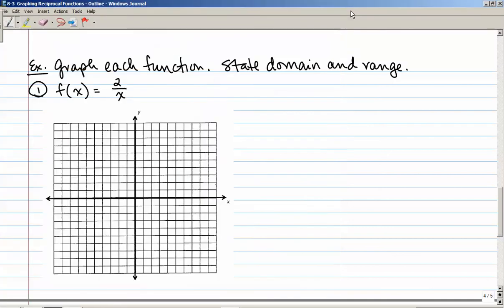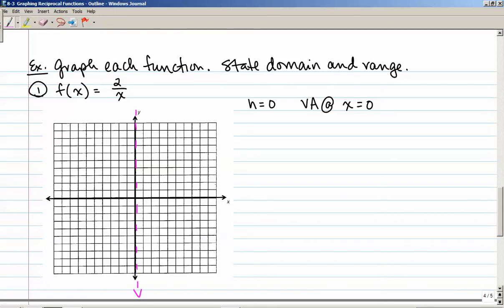And then actually looking at what I have written here, I have nothing added or subtracted to or from x in the denominator, so my h is going to be 0, which means that I have a vertical asymptote at x equals 0. And that's actually going to be the line, that's the y-axis.